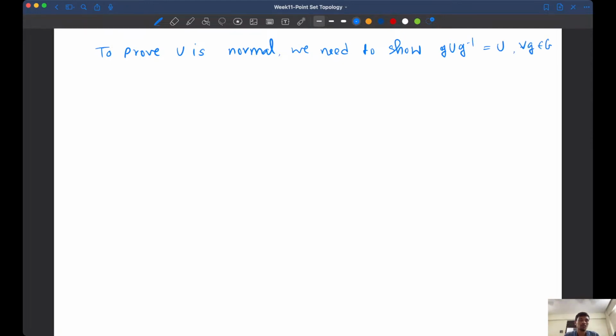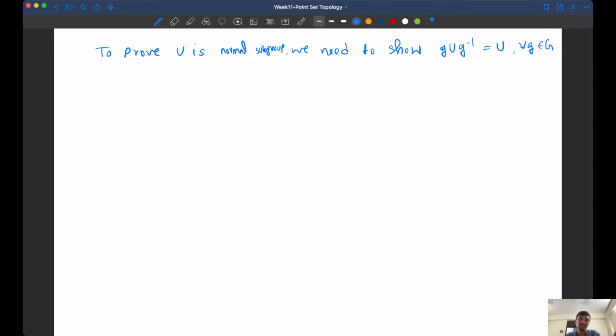So this normal subgroup, we need to show that g U g inverse equals U for all g belongs to G.